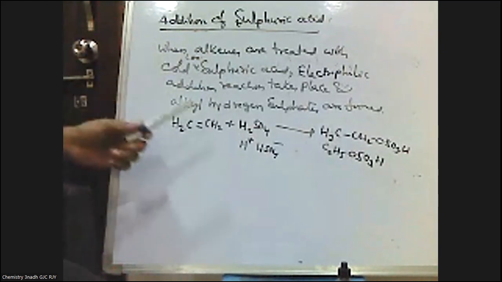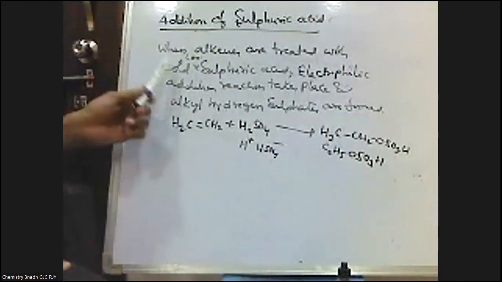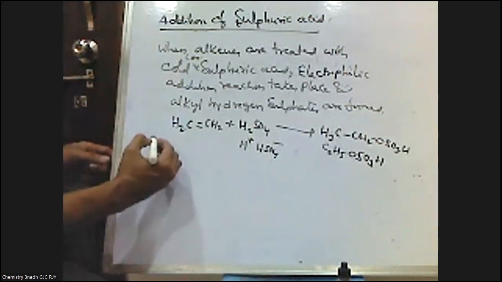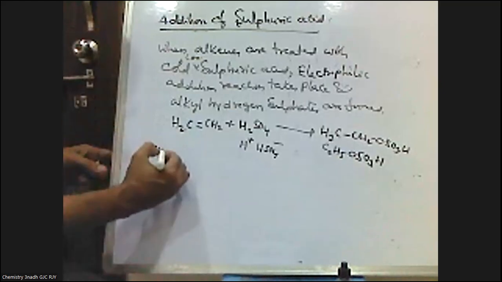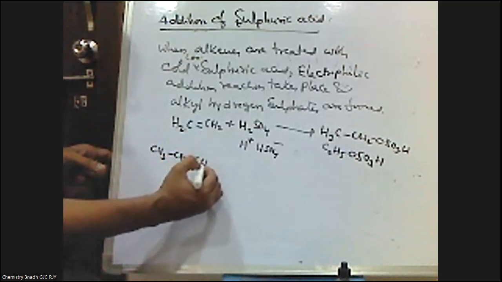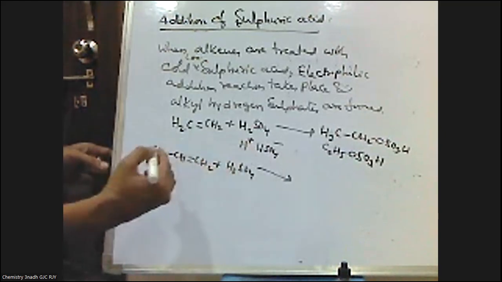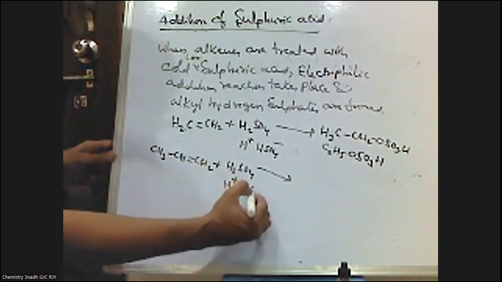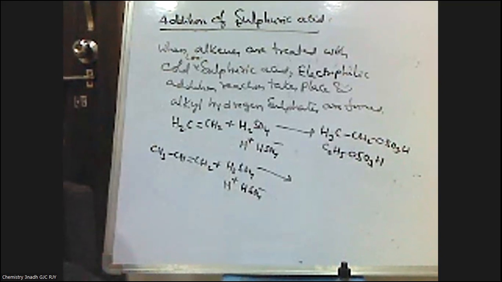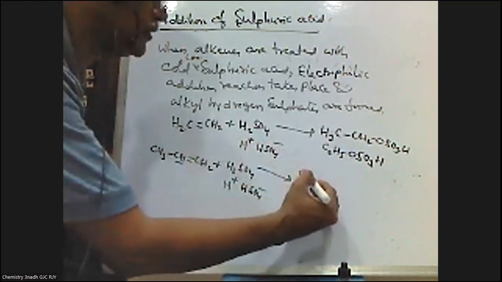When the alkene is treated with cold and concentrated sulfuric acid, if it is a symmetrical alkene, we will get only one product. In case of unsymmetrical alkenes, again it occurs according to the Markovnikov rule. Here I have already told, H plus and HSO4 minus. That's why the negative part attacks the carbon having less number of hydrogens.